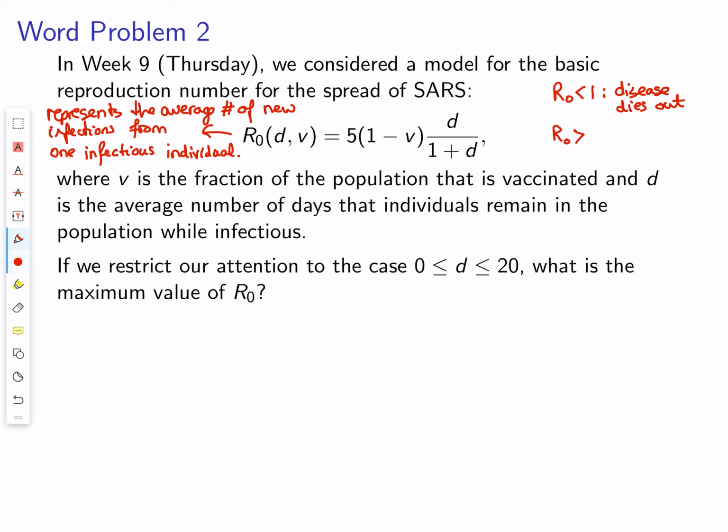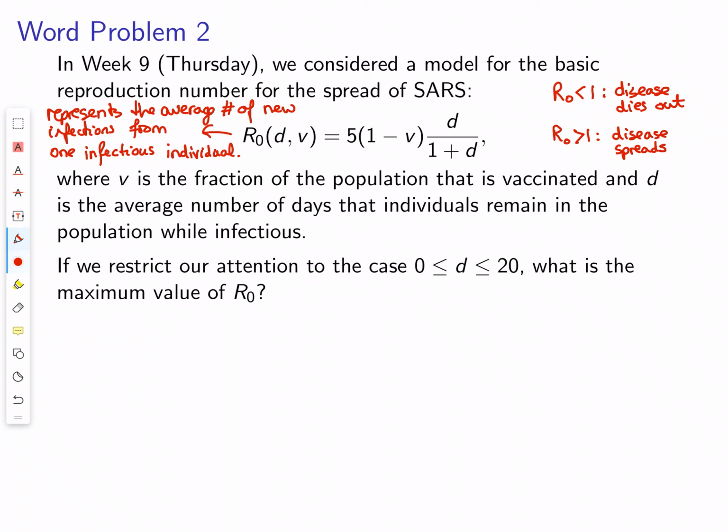If R naught is greater than 1, then the disease spreads. The idea is to implement measures so that R naught is as small as possible in order to control the spread of a disease. That's exactly what's happening right now with the coronavirus.